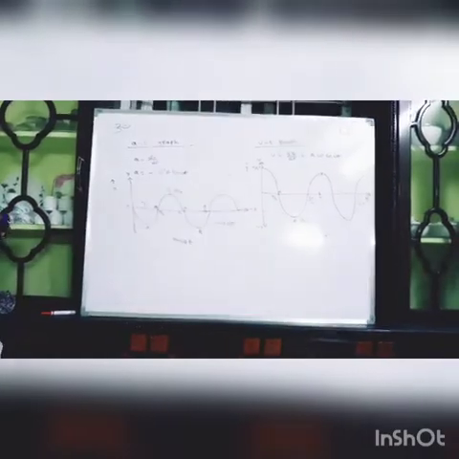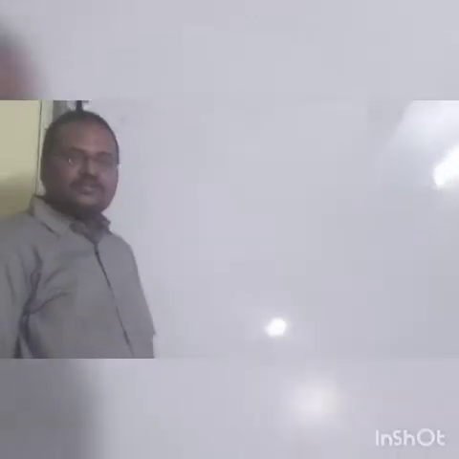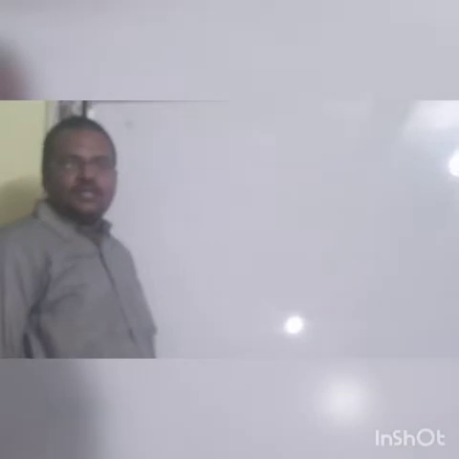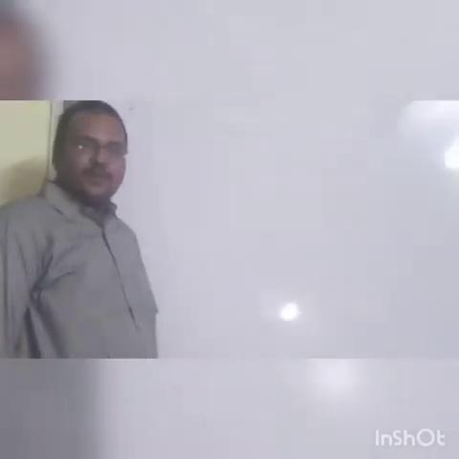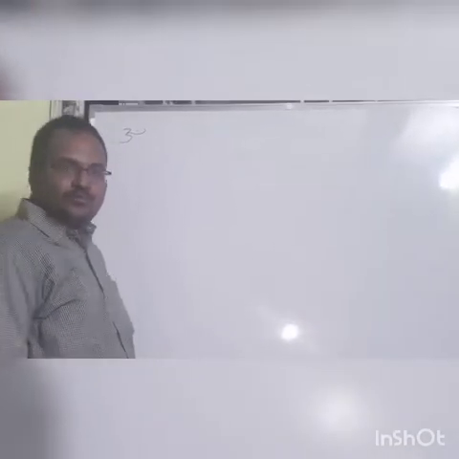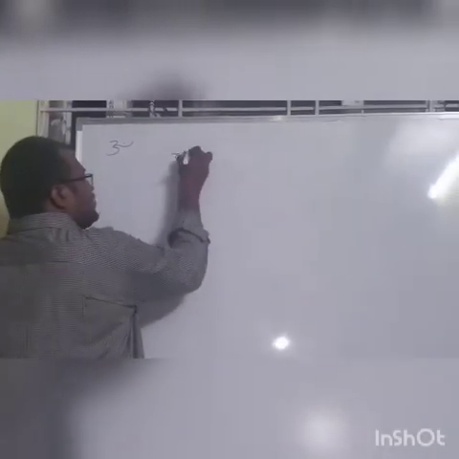So that was the acceleration time graph. Now we will observe the displacement time and velocity time graphs of a particle in simple harmonic motion. See here, displacement time graph.